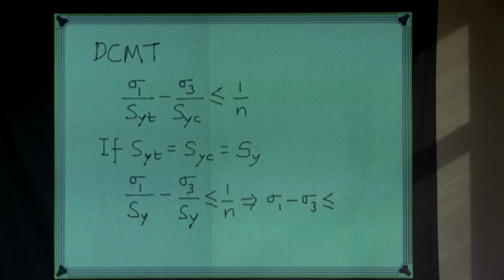I can take this S_Y up there, and it will be S_Y divided by N. And what was this? This is the safety condition for the maximum shear stress theory.